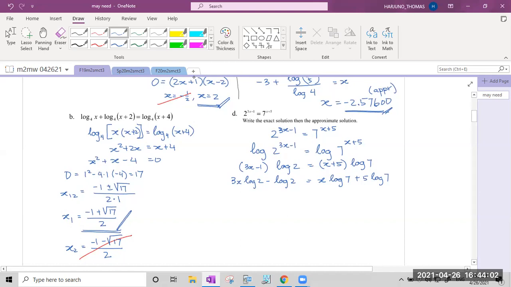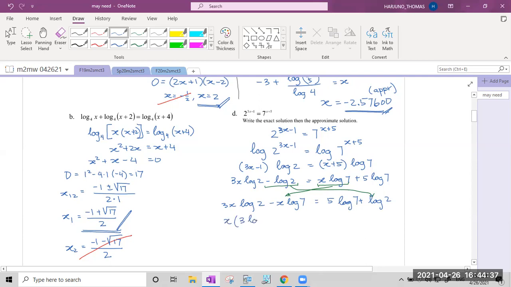Then I will isolate the terms with x, so I will move these to the left, and I will move these to the right. Okay, so I have 3x log 2 minus x log 7 equals 5 log 7 plus log 2. Subtraction becomes addition, addition becomes subtraction, so that I can factor my x.